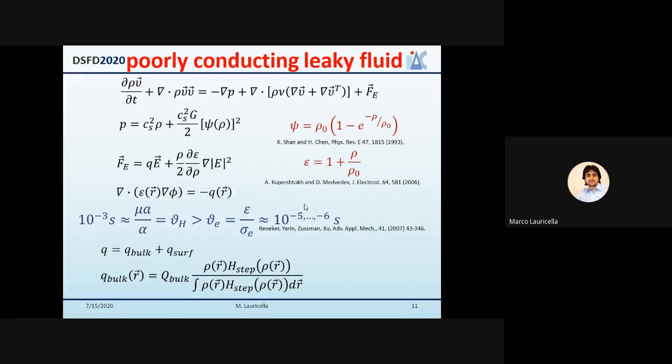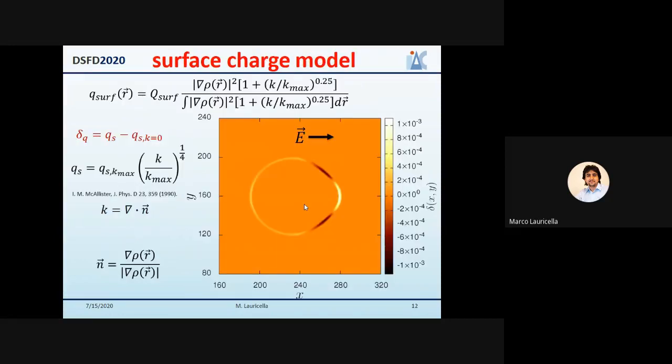Otherwise, the convective diffusion of the charge carriers should be explicitly described, for instance, by the model introduced by Cooperstock and Medvedev in their pioneering work of 2006. So only under this assumption we can model the charge density directly over the interface.